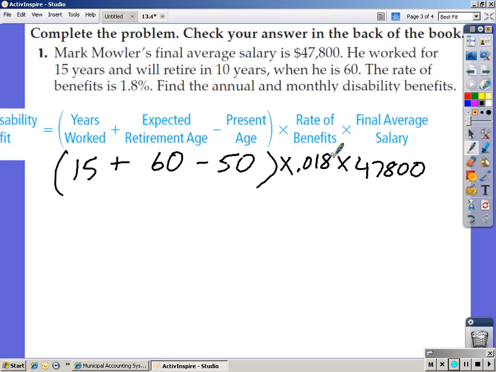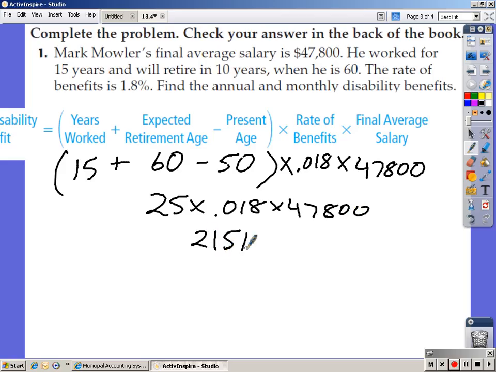So 15 plus 60 minus 50 is 25, times 0.018 times 47,800. That's $21,510, and that's the annual benefits.